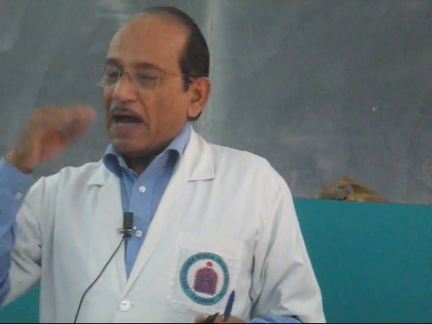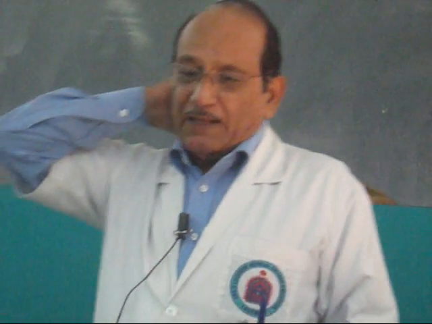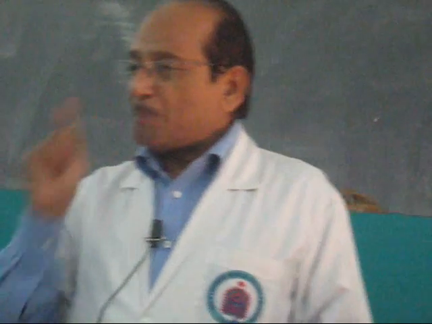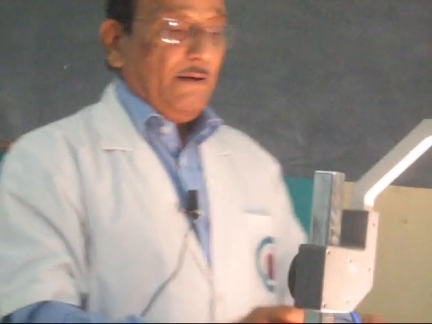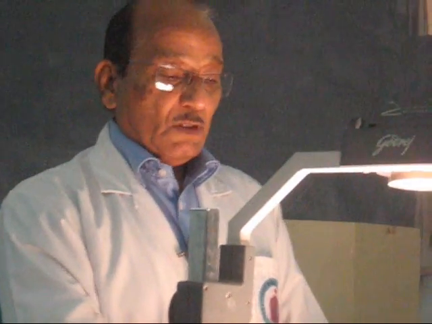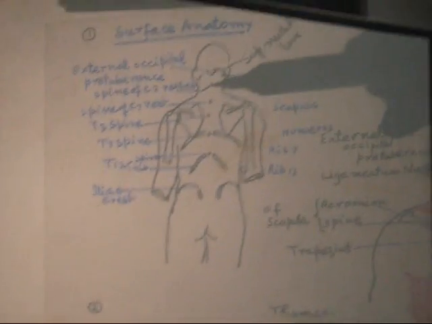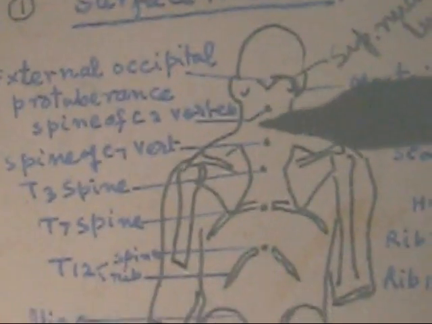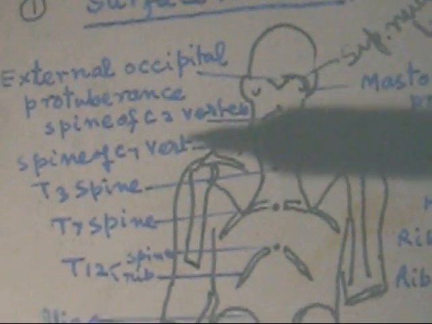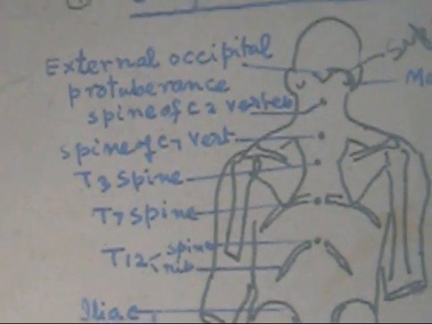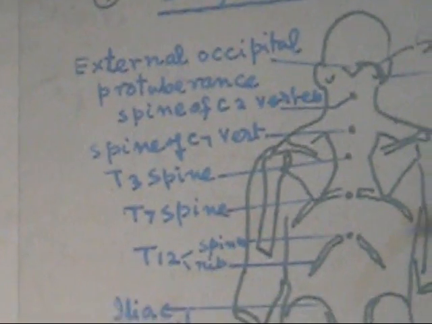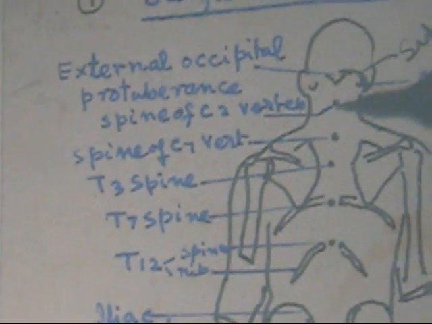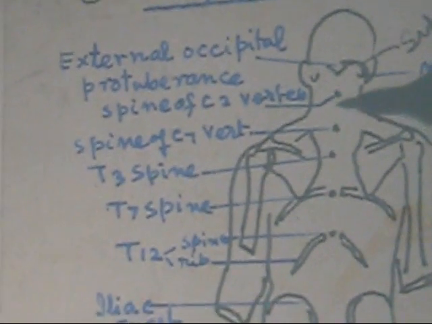So the highest spine that you feel in the nuchal furrow will be the spine of the second cervical vertebra. Here you can see an arrow pointing to the spine of C2. C stands for cervical and 2 for second, the C2 vertebra.